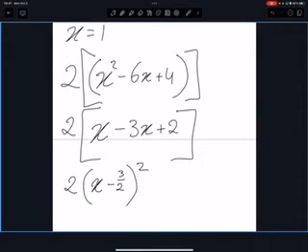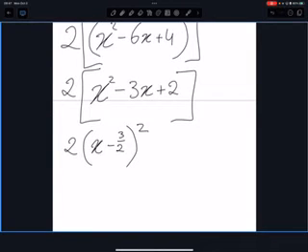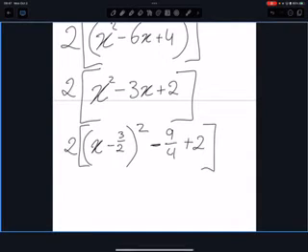If it's a 3, divide by 3. If it's a 10, divide everything by 10. And then you complete the square. 3 divided by 2 squared is 9/4. Is that a minus sign? Yes.